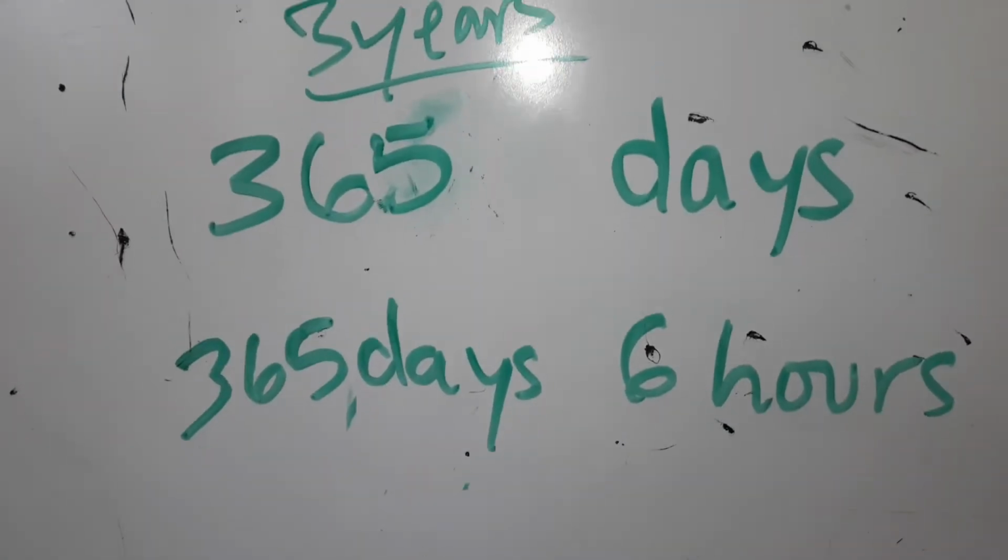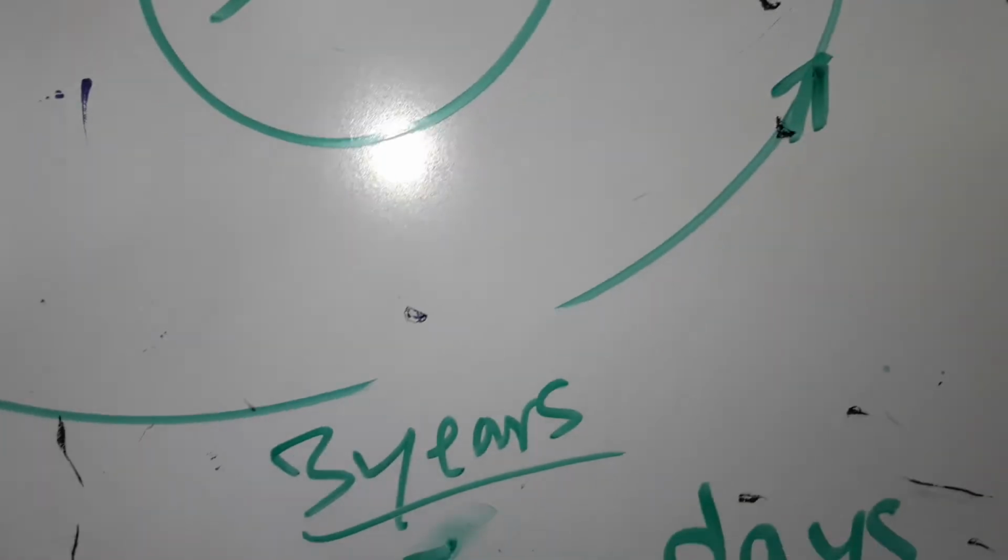So what has happened? In order to avoid this confusion, it is assumed that the earth takes 365 days alone for 3 years. So in year 1, 365, year 2, 365, year 3, 365.